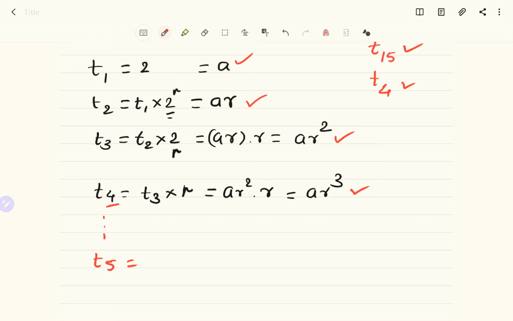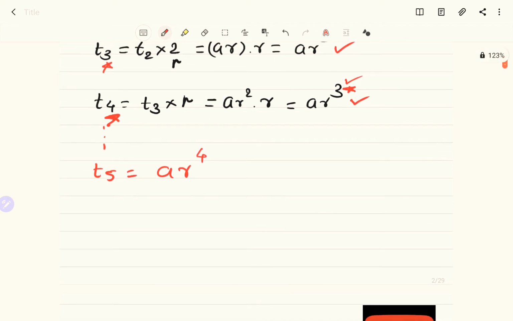Try to observe this pattern. If it is the fourth term, then the index is 3. If it is the third term, then the index is 2. If it is the second term, then the index is 1. If it is the fifth term, then the answer is a r raised to 4. This is just on the basis of observation.